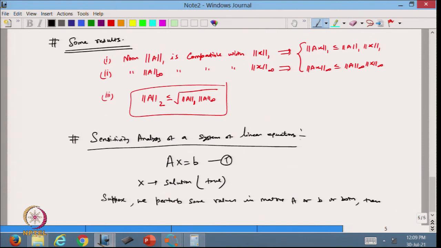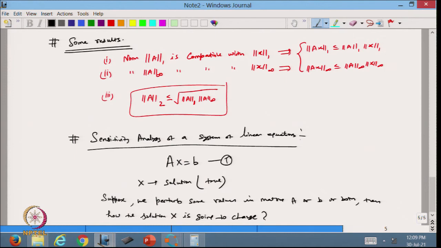Then, when we perturb some values in the matrix A or B or in both, how is the solution x going to change?